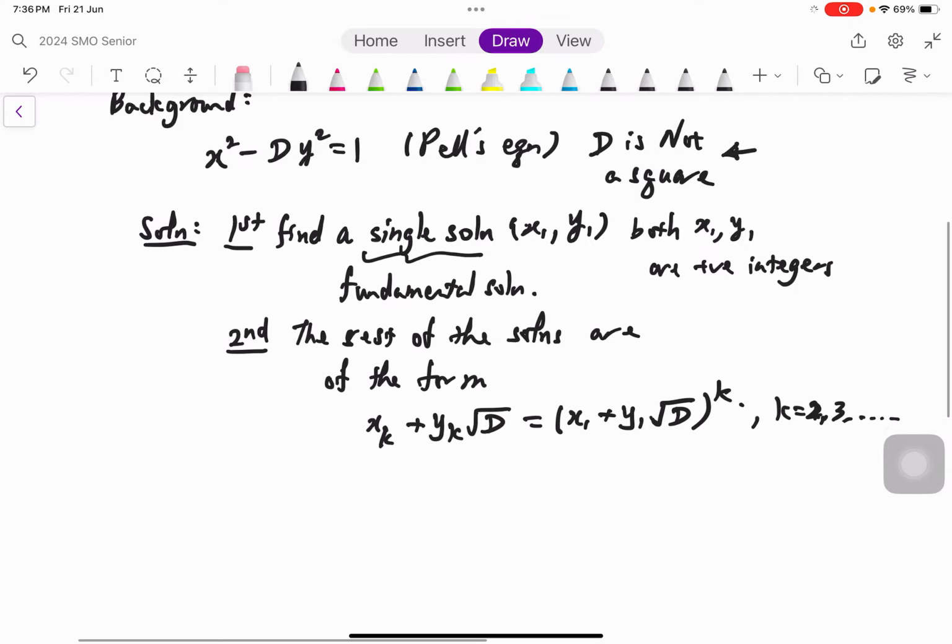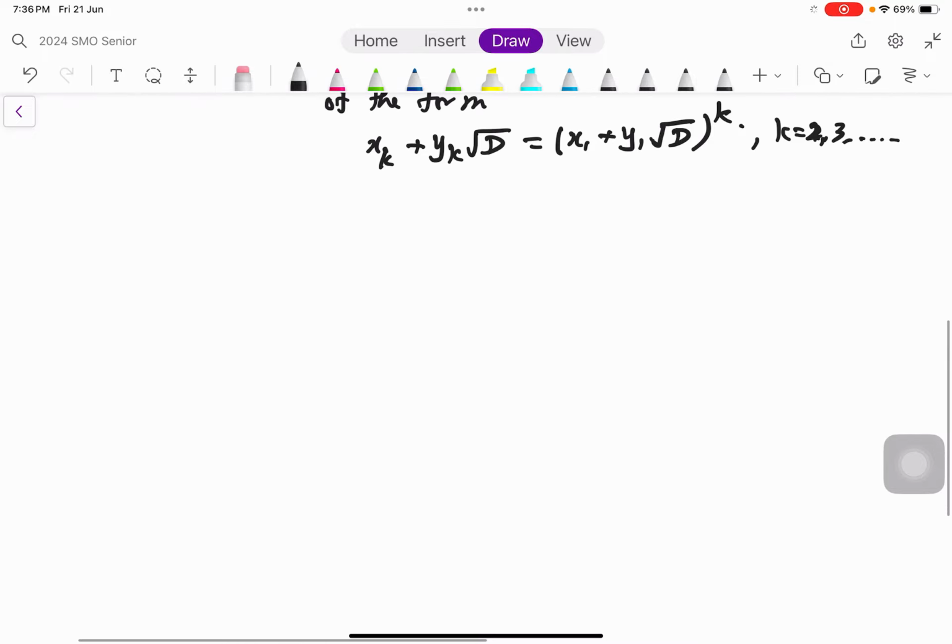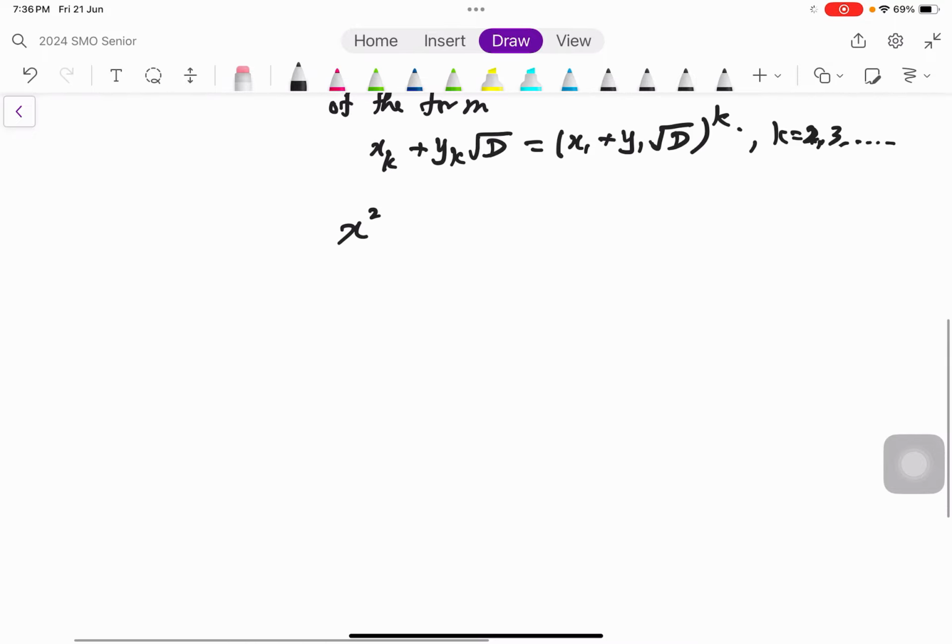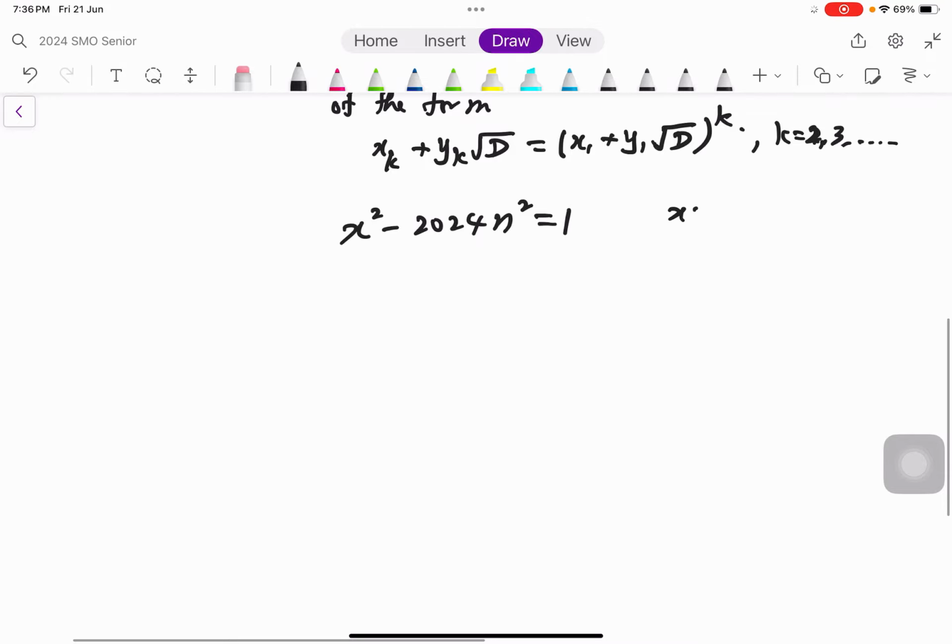Okay, therefore now we go back to the original equation. The original equation is x squared minus 2024 n squared, and it is equal to 1. Therefore, your x is your x now, and your y is now my n. And then obviously there is one obvious solution, because we noticed that 45 squared is actually 2025.